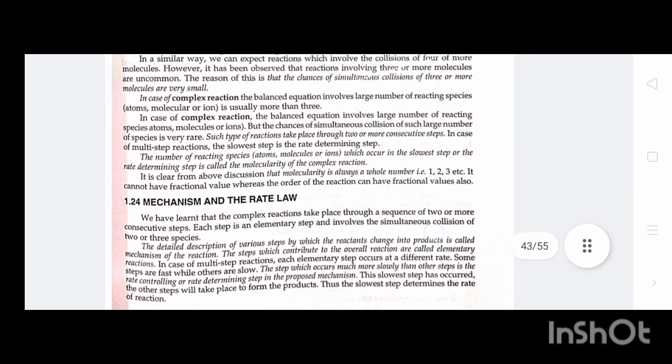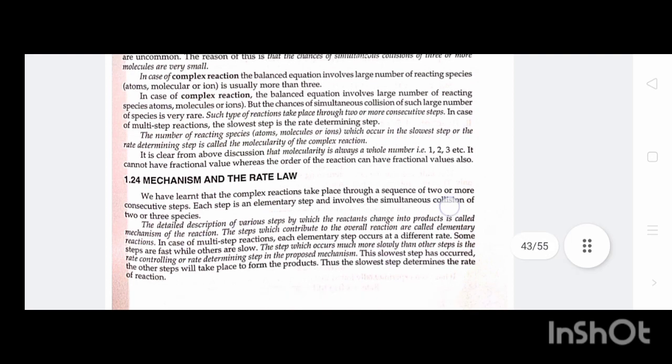In case of a complex reaction, the balanced chemical equation involves a large number of reacting species, usually more than 3, but the chances of simultaneous collision of such a large number of species are very rare. Such types of reactions take place through two or more consecutive steps. In a multi-step reaction, the slowest step is the rate determining step.